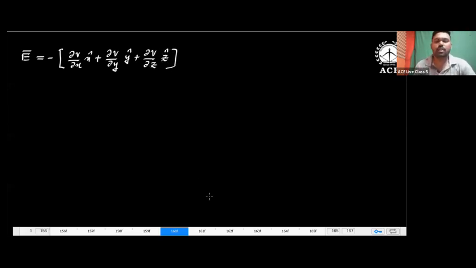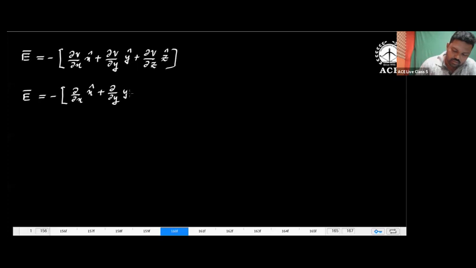I'll take the v common, beta, here. E is equal to minus dou by dou x of x cap plus dou by dou y of y cap plus dou by dou z of z cap into v.